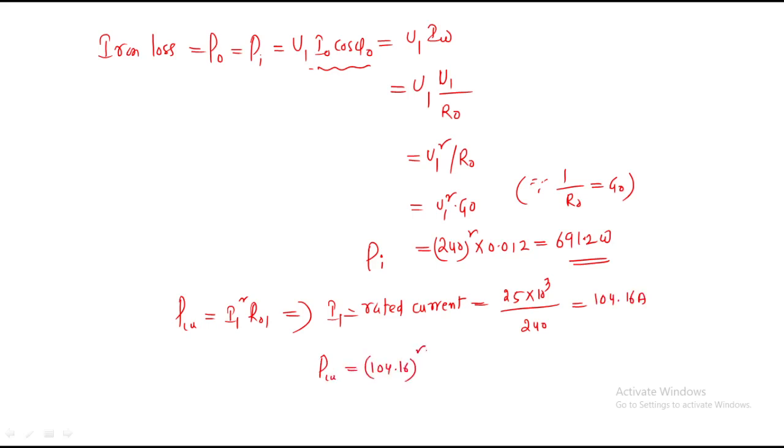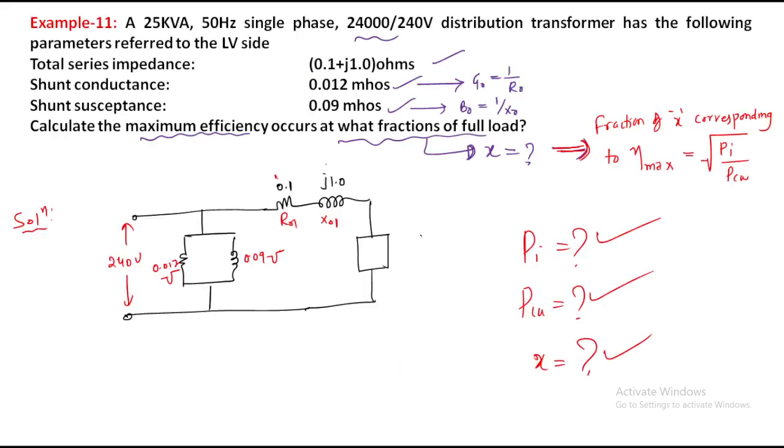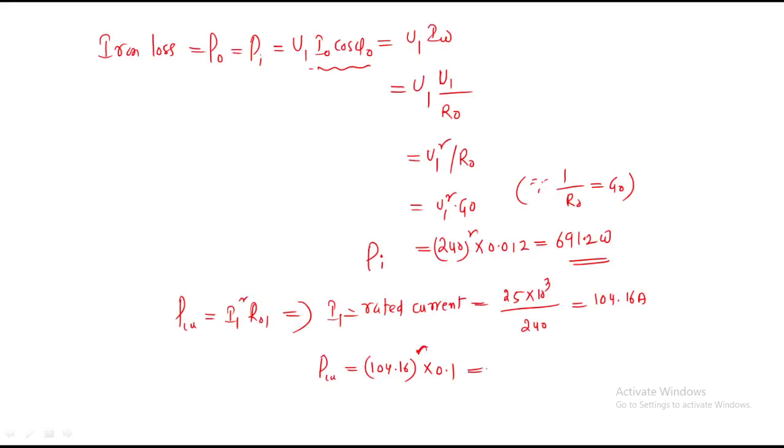Therefore PCU should be equal to 104.16 whole square into R01, which is given as 0.1, right? From this we get 1084.9 watts of copper loss component, and Pi of 691.2.